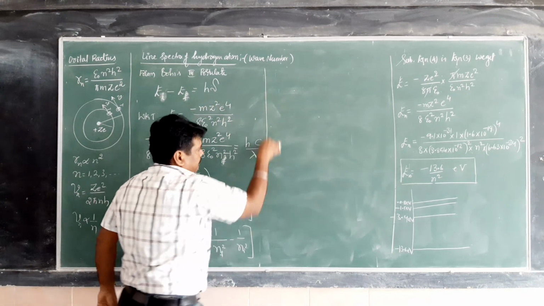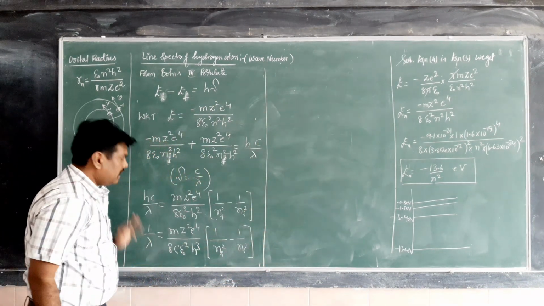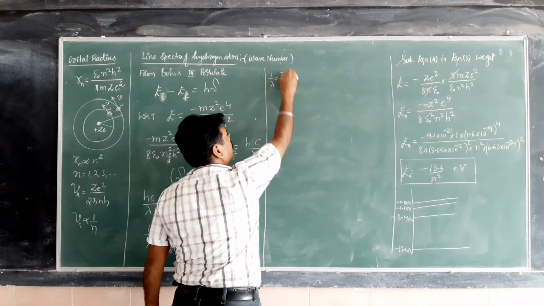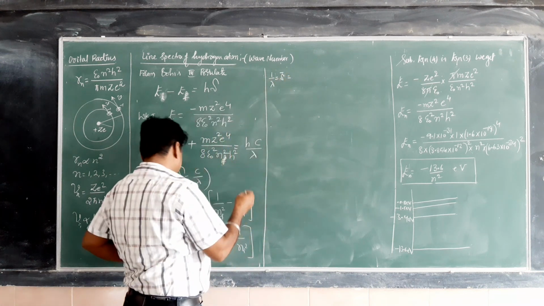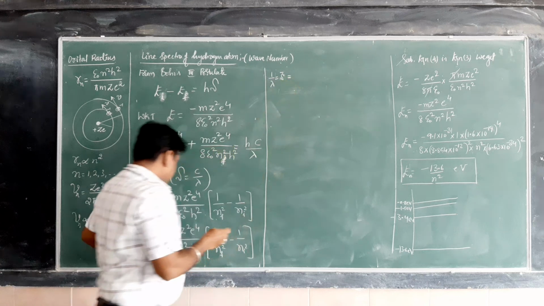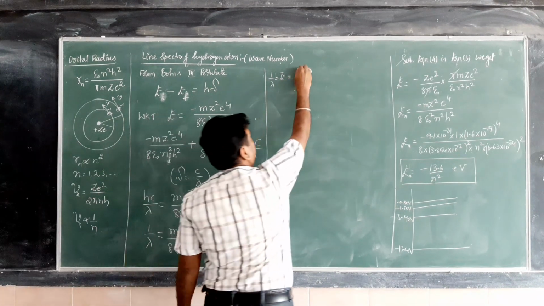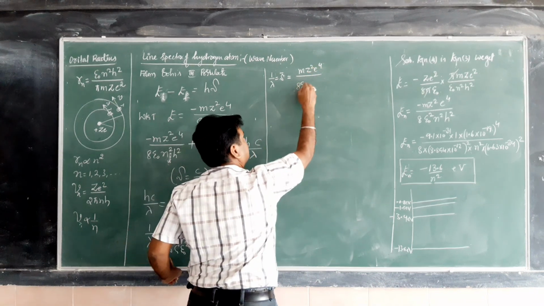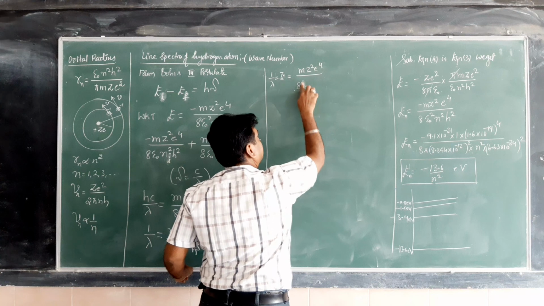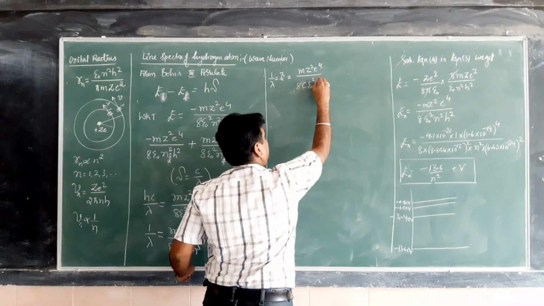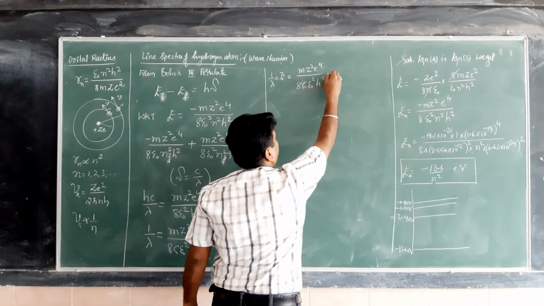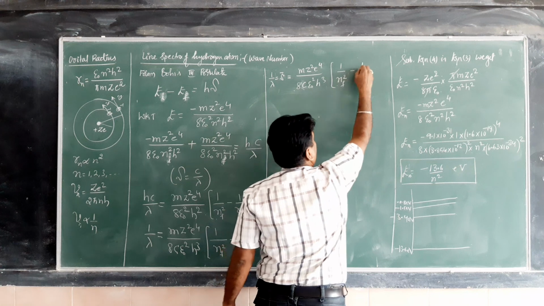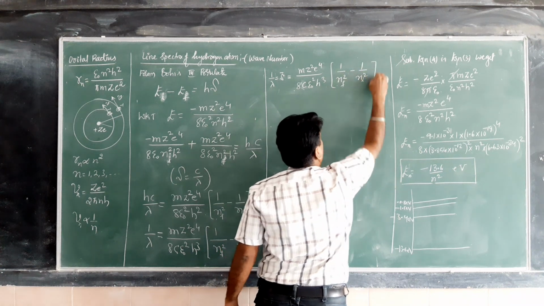So in the next step, 1 by lambda is the wave number, which is also represented as nu bar, which is equal to m Z squared e to the power of 4 divided by 8 c epsilon naught squared h cube into 1 by nf squared minus 1 by ni squared.